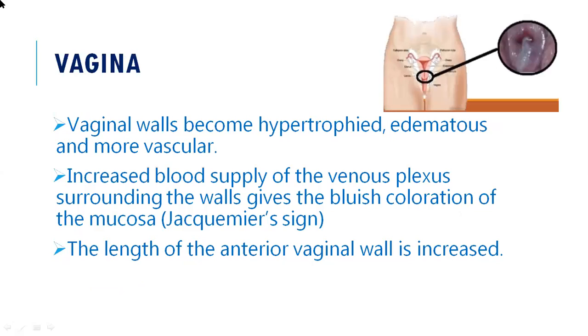Look at this bluish discoloration of the vagina. This is because of increased blood supply in the walls. It is called Jacquemier's sign. Sometimes the length of the anterior vaginal wall also is increased.